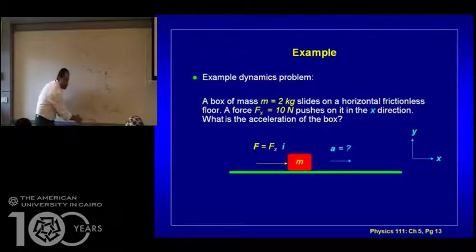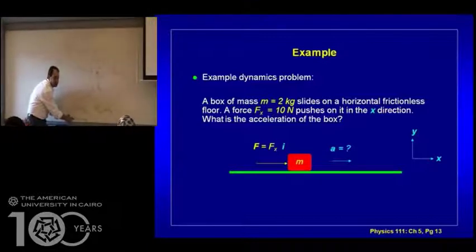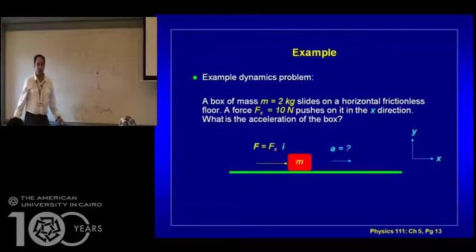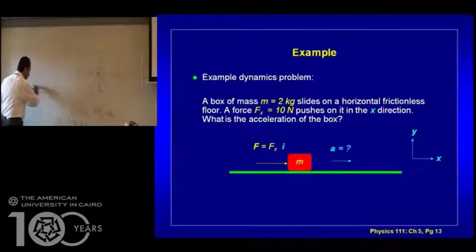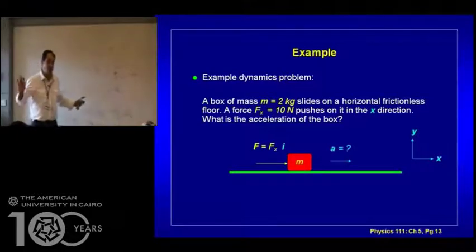What is the numerical value for Fx? 10. What is the numerical value for the mass? 2. Can you calculate the acceleration? It's going to be 5 meters per second squared. So from that, we can find that ax equals 5 meters per second squared. Now we have solved the problem.